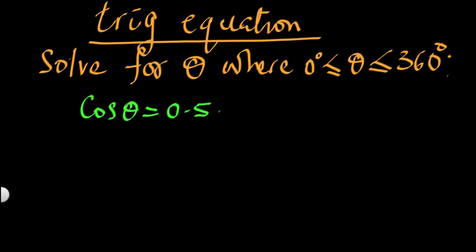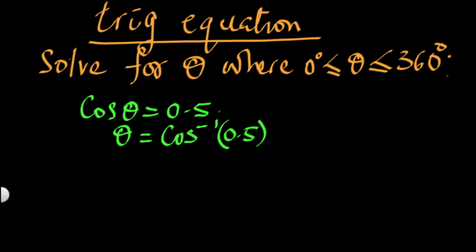We start here. You're going to rely on your calculator. So the step from here is to get what we call theta using the arc function. This is arc cos 0.5. We punch this arc cos 0.5 in our calculator.